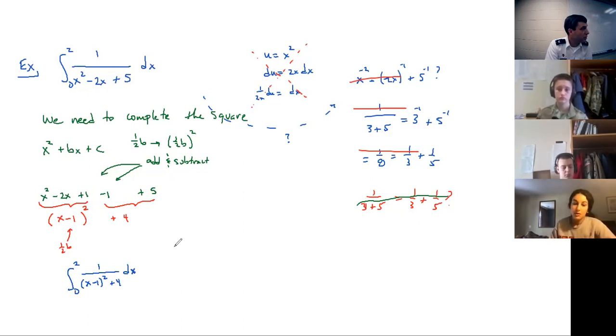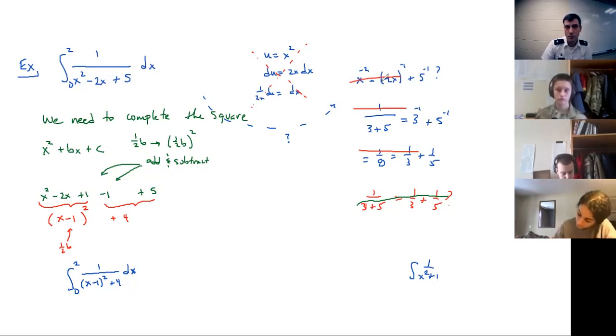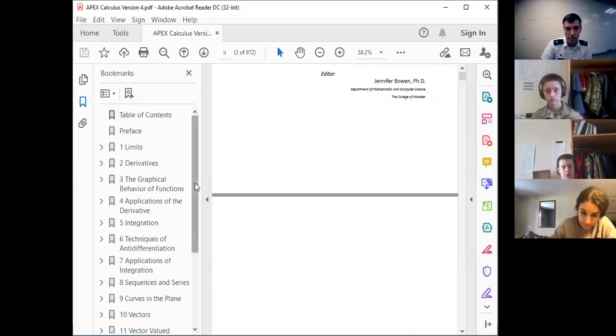This is similar to one that I asked in the test. Do you remember how to handle 1 over x squared plus 1? Inverse or arctangent, right? So I am going to share the calc book with you real quick. And then end of the book kind of stuff.